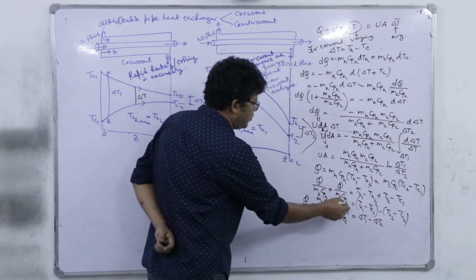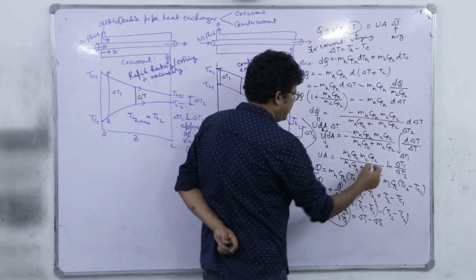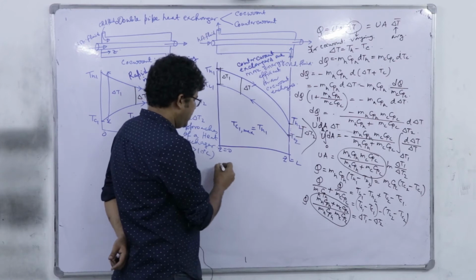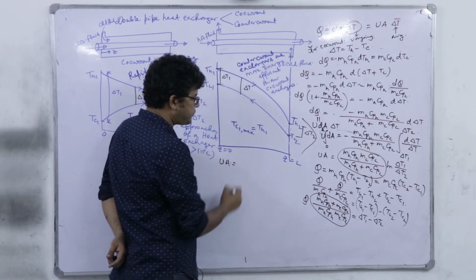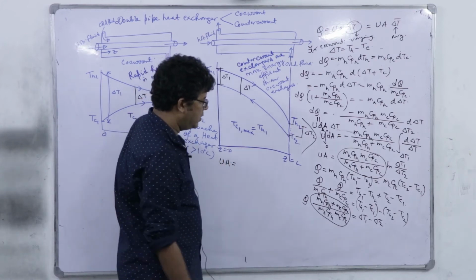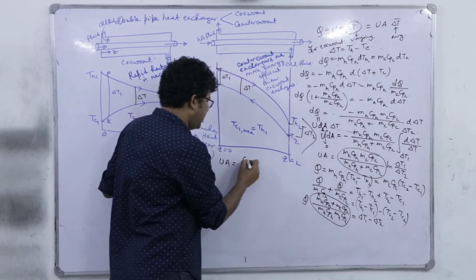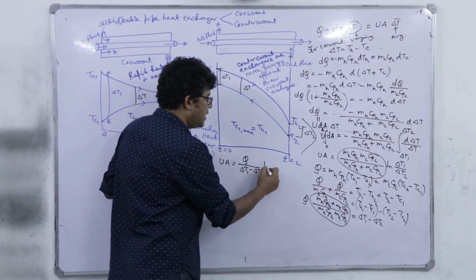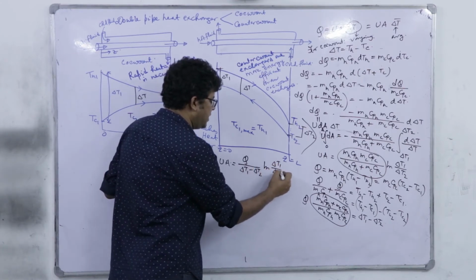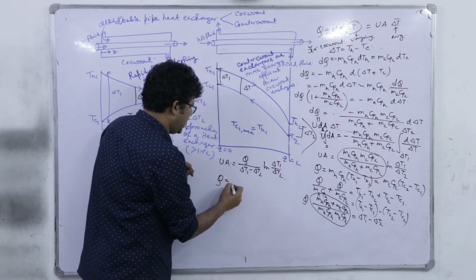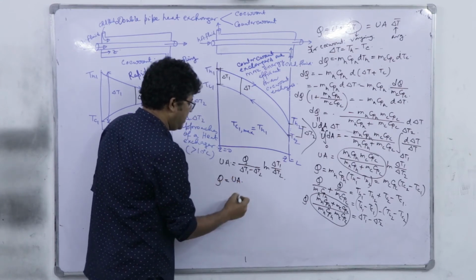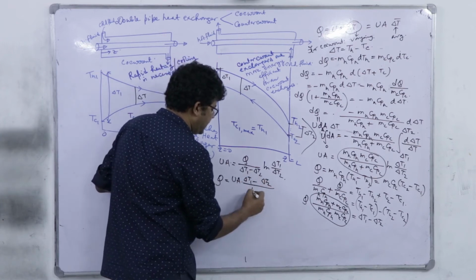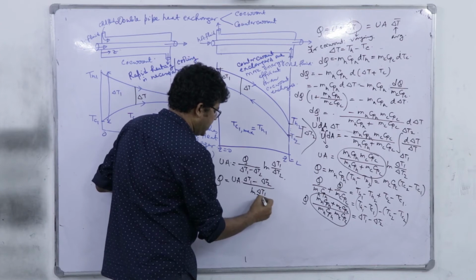So this group of this MCP term, if I replace from these two equations, then U into A, here it will be equal to just q divided by delta t1 minus delta t2, and on this side delta t1 by delta t2. So q we are getting this U into A into delta t1 minus delta t2 divided by ln of delta t1 by delta t2.